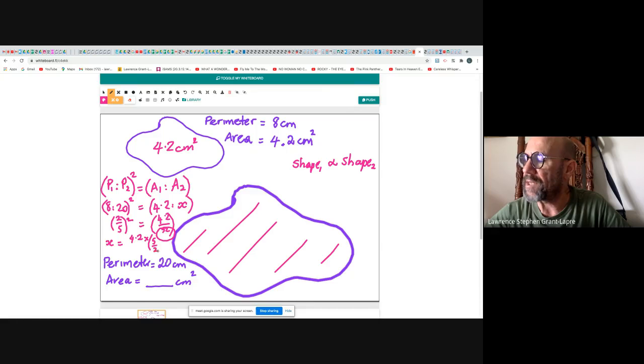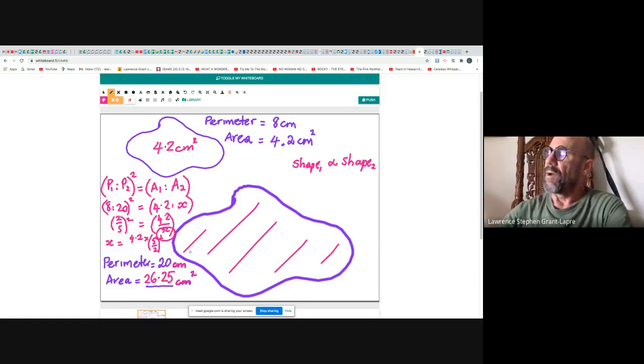Bring that to the other side. Get your calculator, 4.2 times 25 divided by 4 is 26.25 square centimeters. Notice area is square centimeters and perimeter is only centimeters.